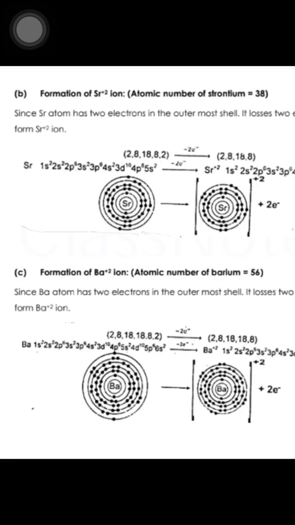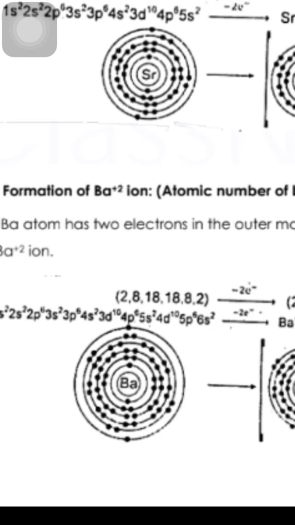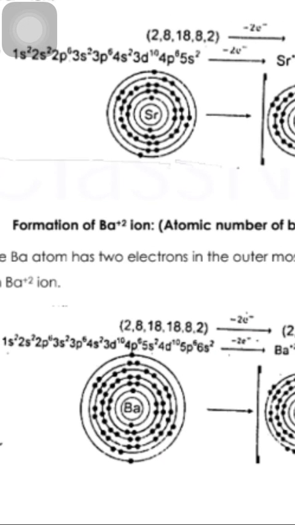Okay, in a similar way, when we are talking about barium, it has atomic number of 56. That means we have to form the electronic configuration till the 6th shell. In the first shell we have only 2 electrons, but in the second shell we have 8, and the third also has 8 electrons, and from the third onwards we have 18 electrons.